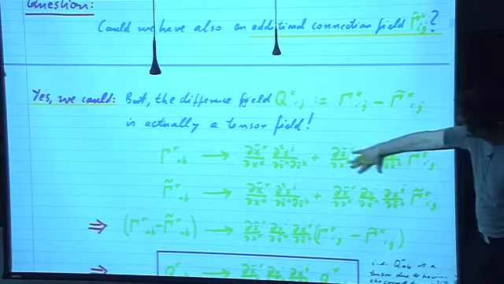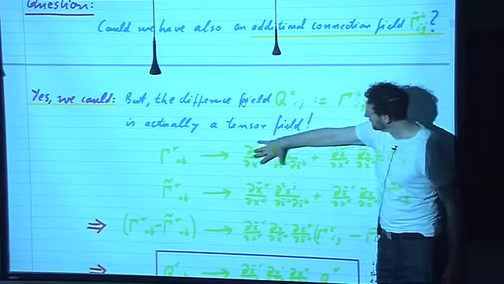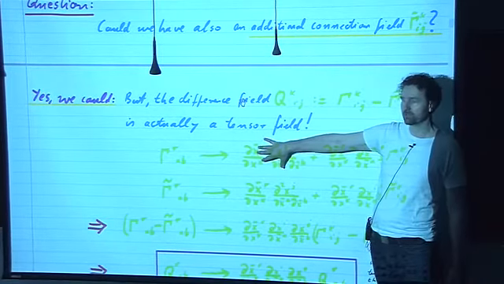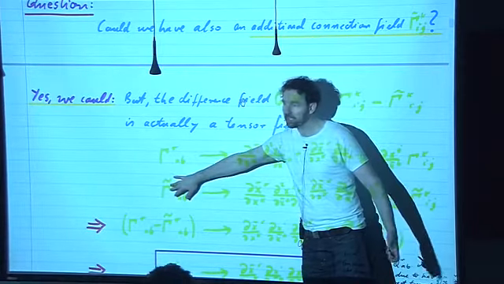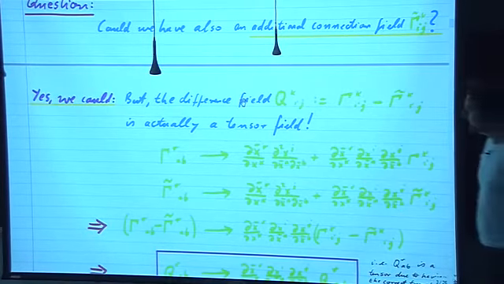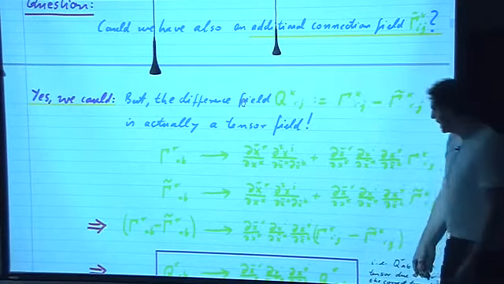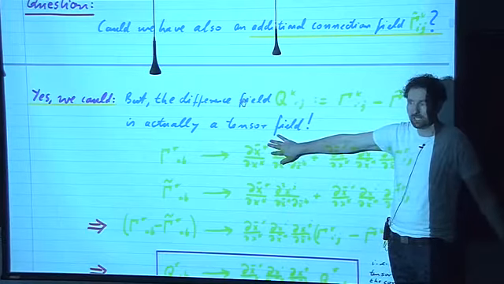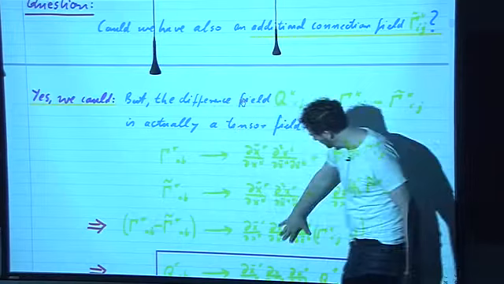Remember, this is the usual tensorial behavior, but then there is this non-tensorial behavior that doesn't even depend on gamma, which spoils the tensor character of the affine connection. And the same would be true then for another gravity, for another Christoffel symbol, gamma tilde. It too would transform in this way, but that means that the difference between the two would transform this way, because that term is identical for both cases. It doesn't depend on gamma. So that's identical, which means that the difference between the two affine connections would transform tensorially.